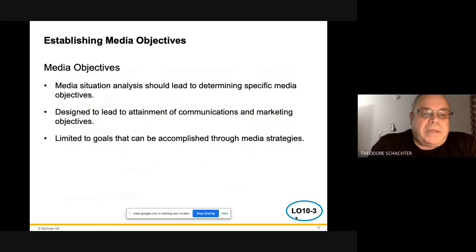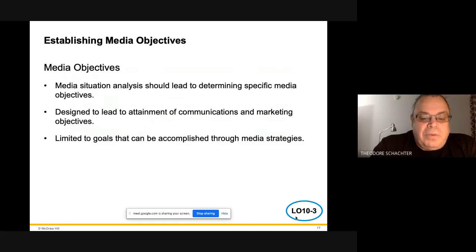So the media objectives, which you do need to know, have the following. You have to determine specific media objectives. That's how you establish them. They have to be designed to lead to attainment of communication and marketing objectives. What does that mean?